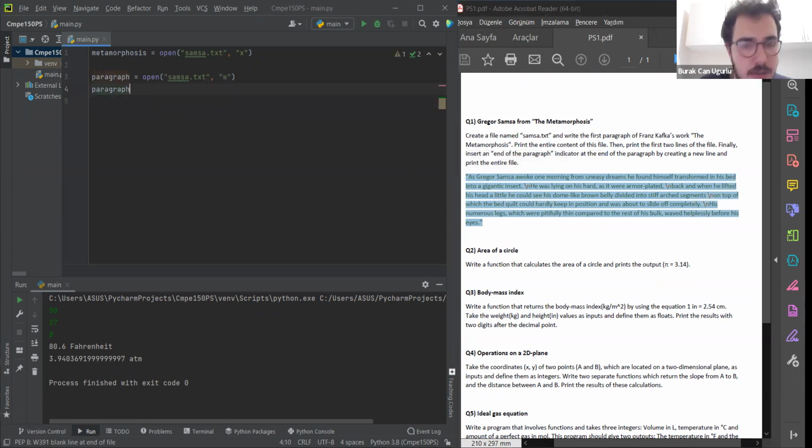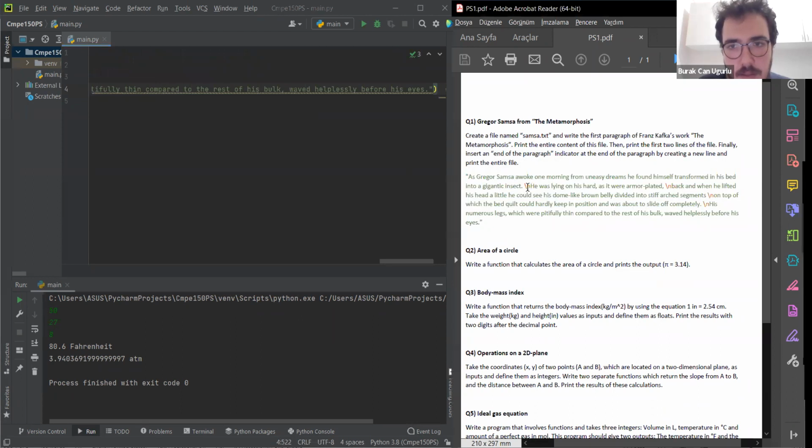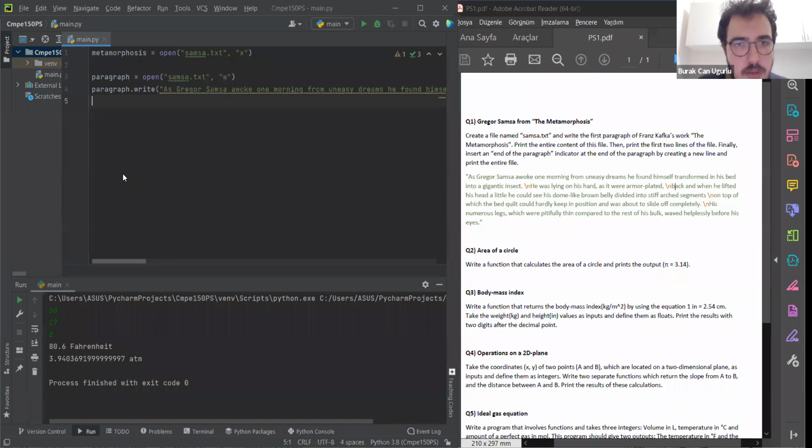We can say paragraph write, and I'm going to copy this text here. The lines are divided also, as you can see, with backslash n. And we are coming back, and we are now closing the paragraph here. So we are closing the text file actually.